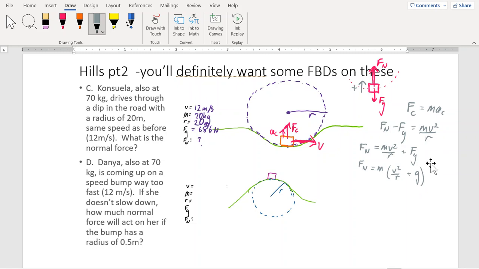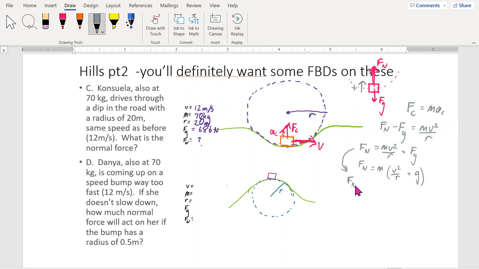There's nothing really special about that, but we are seeing that the centripetal acceleration and the acceleration due to gravity are going to be working together. They're going to be increasing. So if we wanted to solve it for a bunch of different masses, we could set it up like this. But honestly, we'll just go back to the original setup, because we actually have a bunch of these values already. They're not changing.